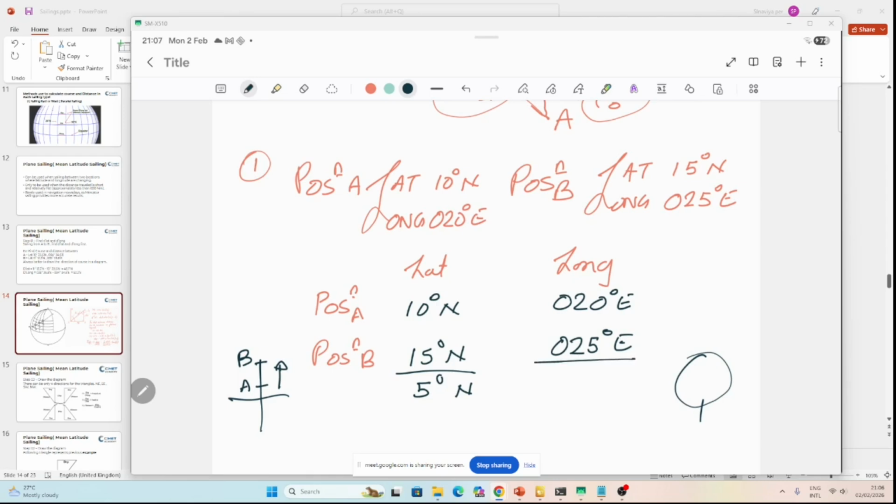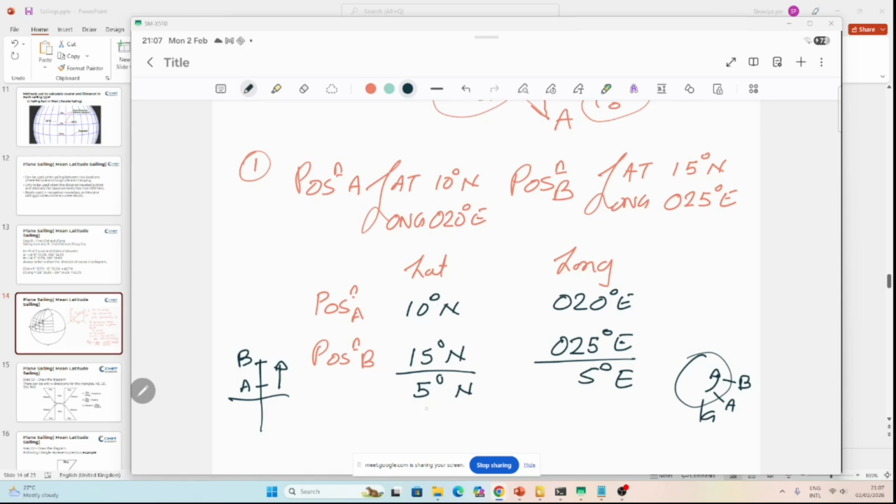Okay. Then you are in, this is J, you are in 20 degrees east and you are moving on to 25 degrees east. So this is anticlockwise, which is easterly, 090 course. The difference is 5 degrees. But I told you last time, you cannot use the degrees, you have to convert it into minutes.